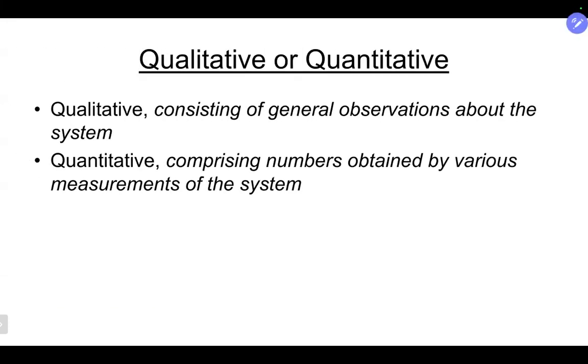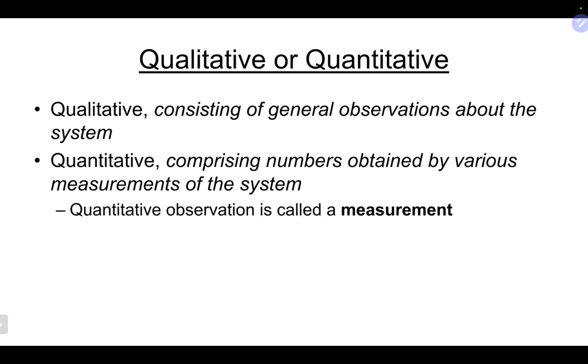So let's talk a little bit about a couple of types of observations that we make. Qualitative is basically consisting of general observations about a system. You know, it turned purple, there was a solid that formed, it started to bubble, those types of observations.